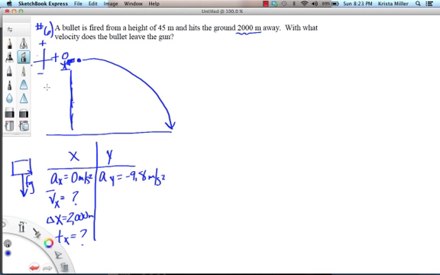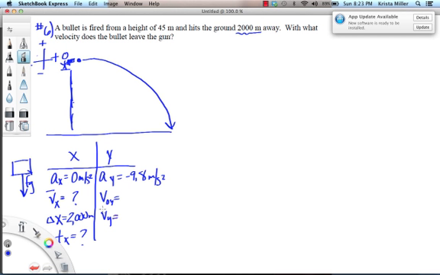I made it negative because I have down as negative on my coordinate system. And then we have these velocities: a velocity initial in the y direction, a velocity final in the y direction, delta y, which is displacement in the y direction, and then time in the y direction.